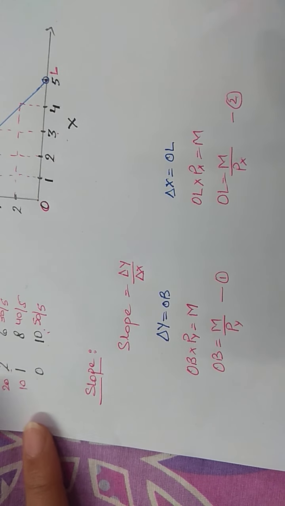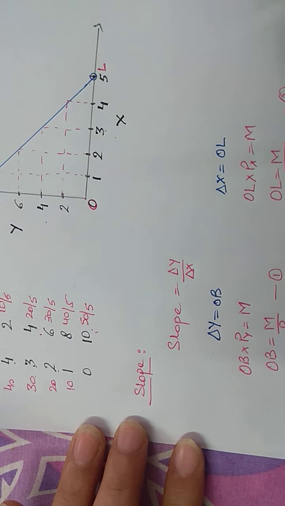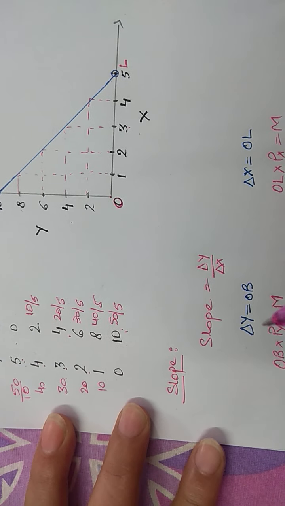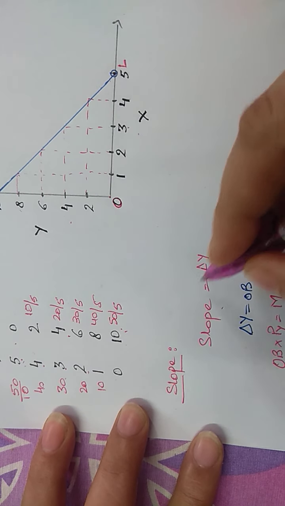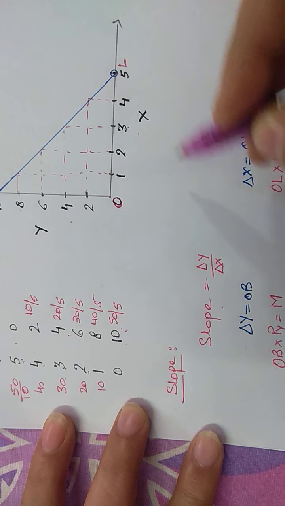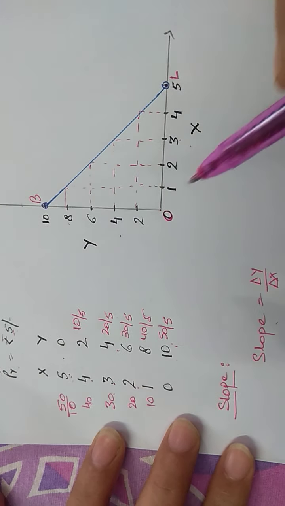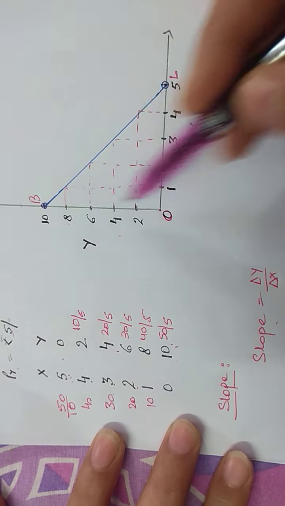Now we have to find out the slope of the budget line. Now we know how we calculate slope. Slope is change in the y ordinate divided by change in the x ordinate. Now from the diagram you can see, if you have to find the slope between point B and point L, what is the change in y?